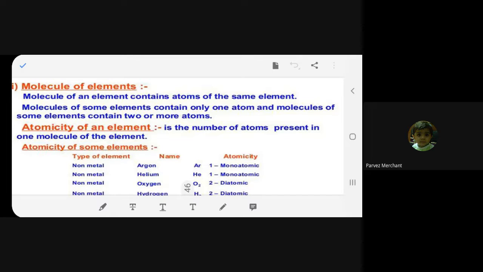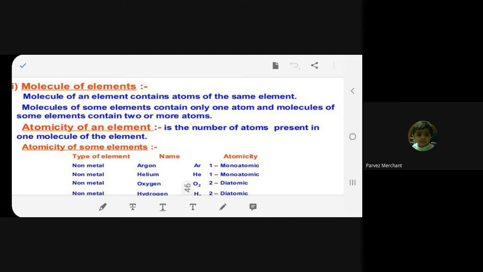Okay, Mohammed Abbas, let him start. Molecule of elements. A molecule of an element contains atoms of the same element. Molecules of some elements contain only one atom, and molecules of some elements contain two or more atoms. Example you saw.